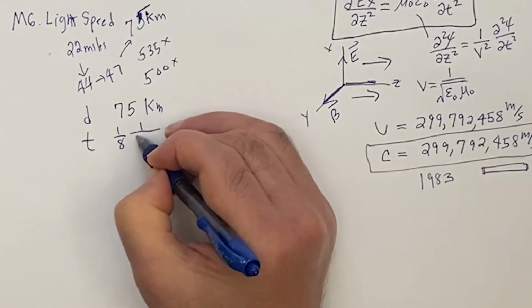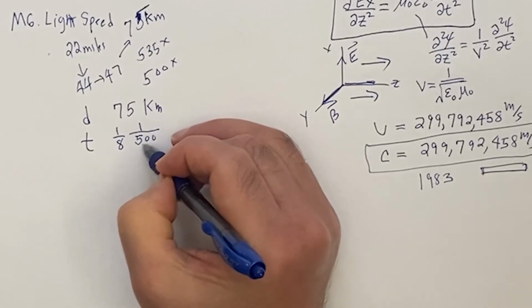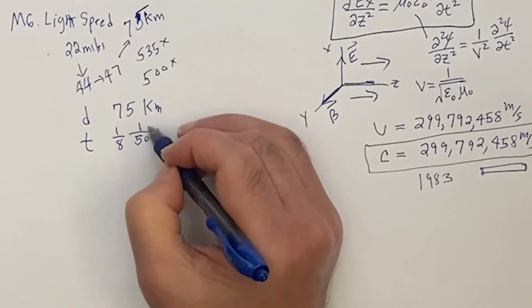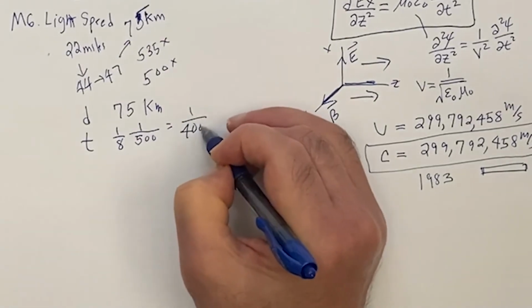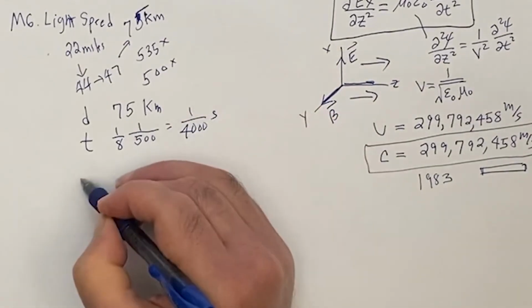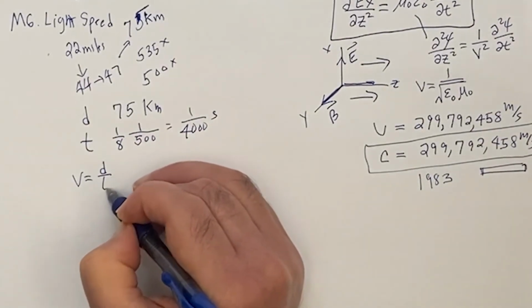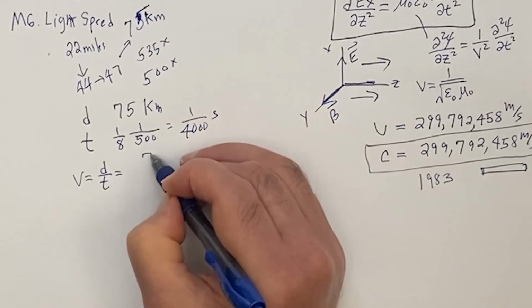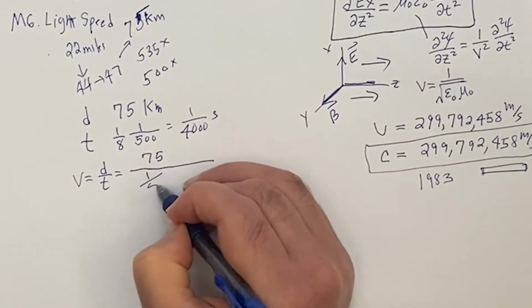We're going 500 times a second, so it takes a 500th of a second for the mirror to go all the way around, but you only need to go 1/8. So this is 1/4000th of a second. That's cool. And then for the speed, you need the distance divided by the time, which is 75 kilometers over 1/4000 seconds.